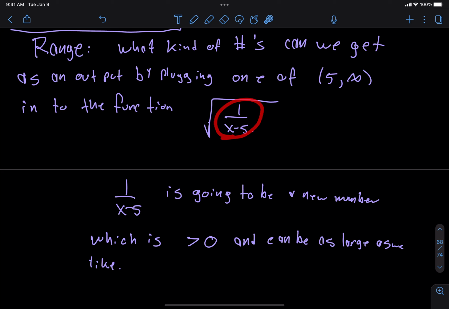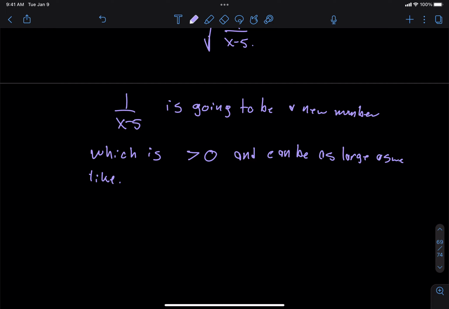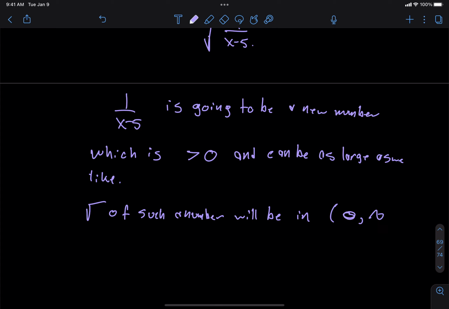Yes? So I can make the square root as large as I want as well. Okay, square root of such a number will be in the set 0, infinity.